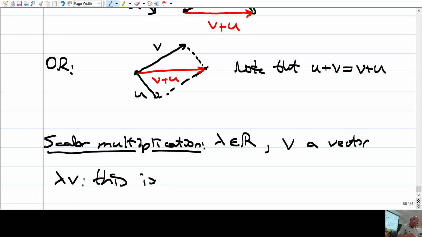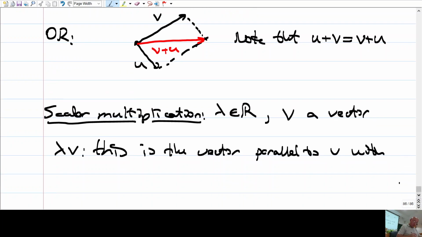This is the vector parallel to v with size lambda times the size of v.